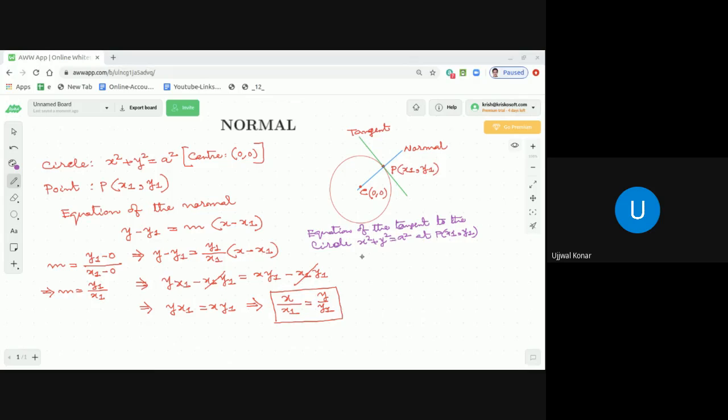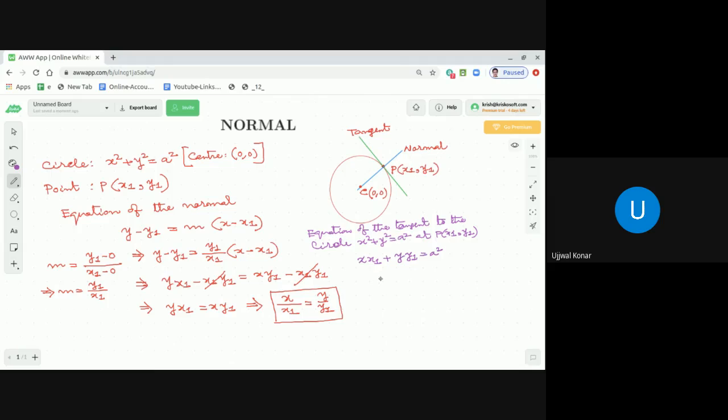What will it be, dear students, if you recall: x into x1 plus y into y1 is equal to a square.